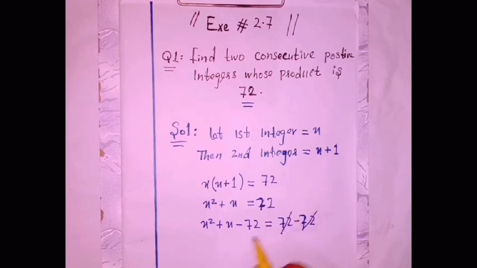So 72 minus 72 cancel, and we get x square plus x minus 72 is equal to 0.